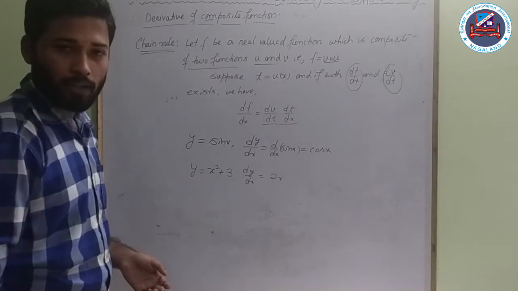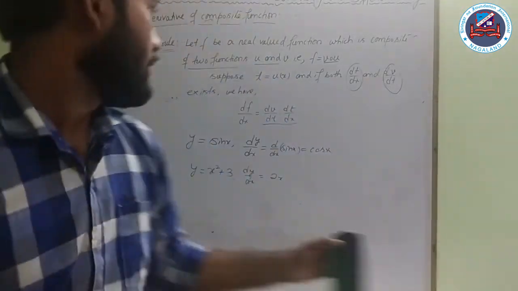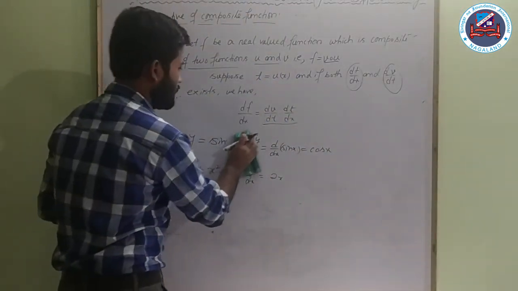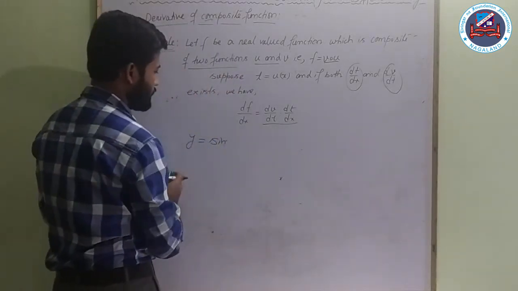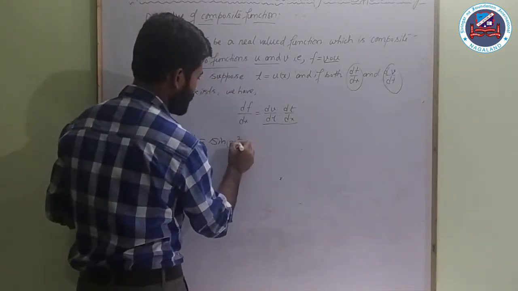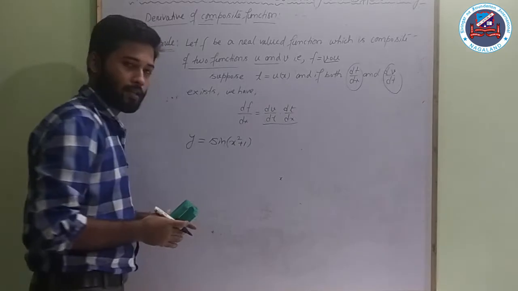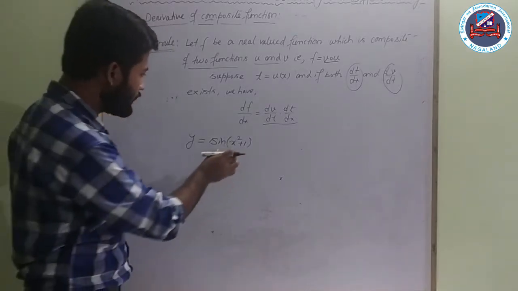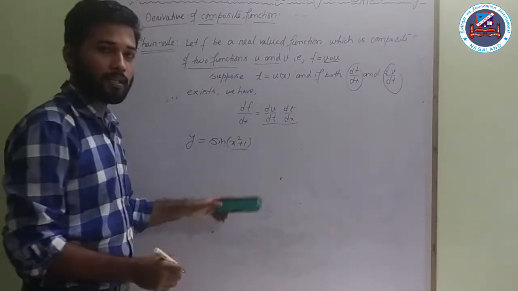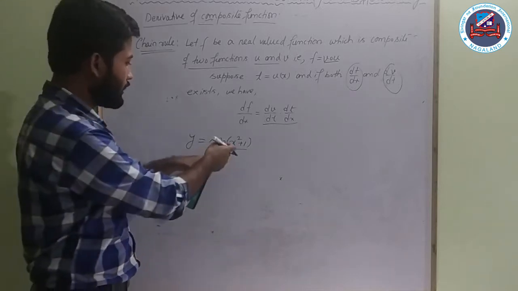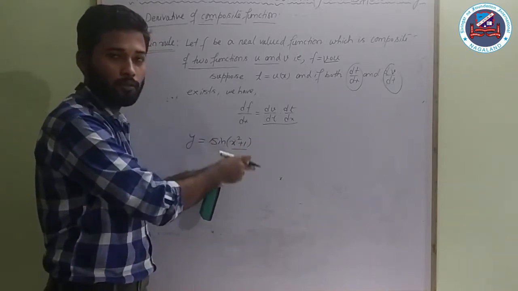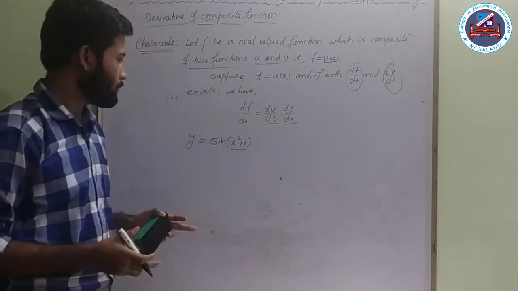Now what if I replace the x by x squared plus 1? So what shall we do in such a case? Here, this x squared plus 1 is not x. That means we cannot directly apply the formula that we have got previously.